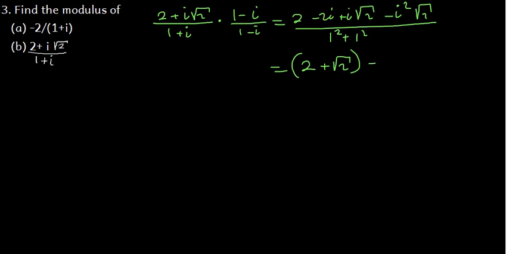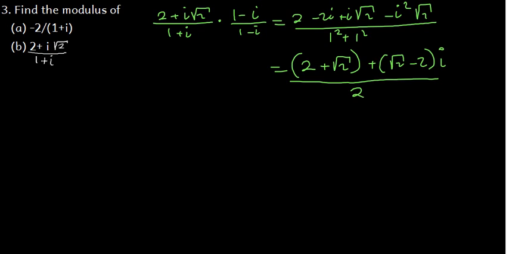And then we have also these 2, so we can write it as plus root 2, which is positive, and then a negative 2 there. We can put the i outside. And then that will be over 1 squared plus 1 squared, which is 2.